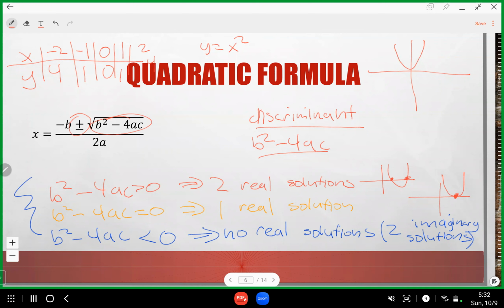And for the third possibility, where there are no solutions, the parabola isn't even touching the x-axis at all. It's just floating in midair. This visual depiction is easier to learn with pictures, and we'll learn how to graph these maybe next class or the class after.